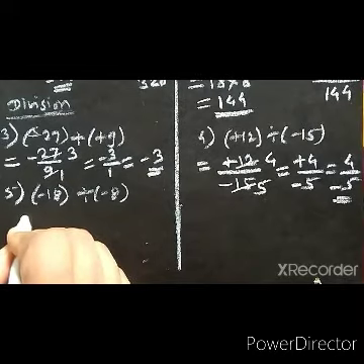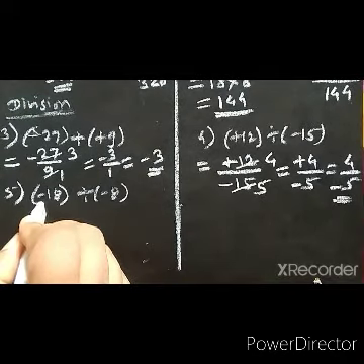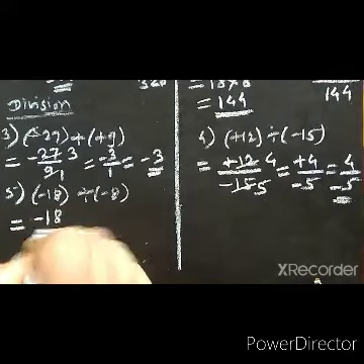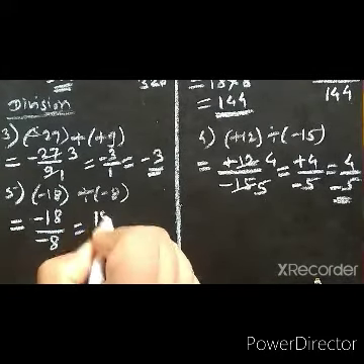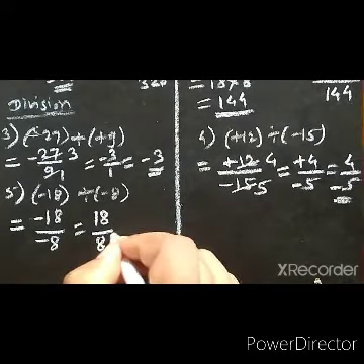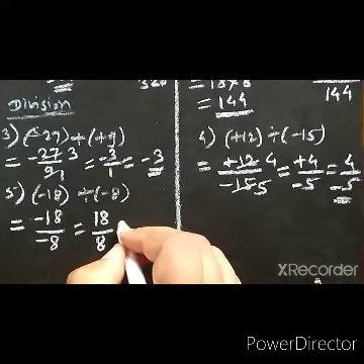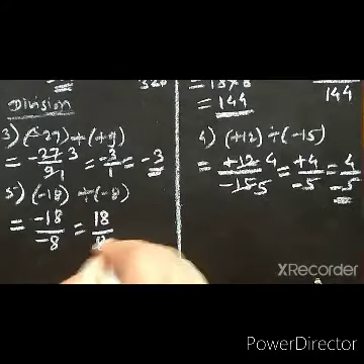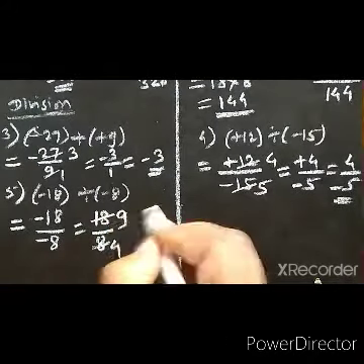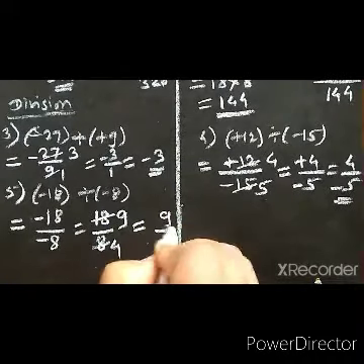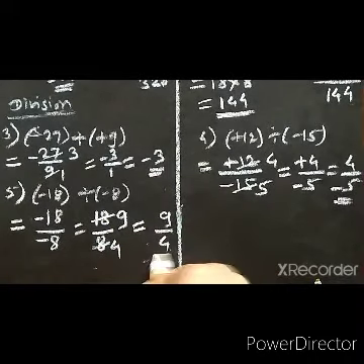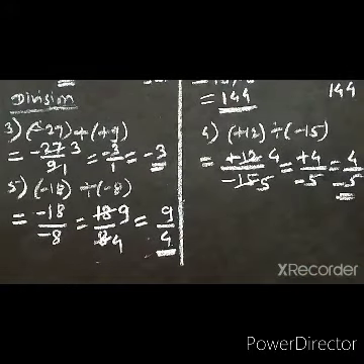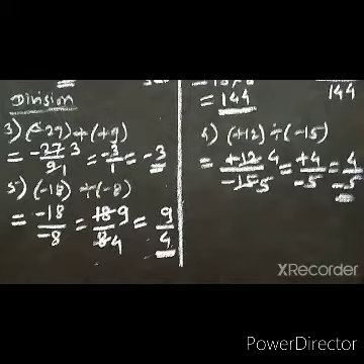Division of the same sign gives plus, that is minus 18 upon minus 8, that is 18 upon 8. We can divide by 2. 2 4s are 8, 2 9s are 18. That is, we got here 9 upon 4, plus 9 upon 4. So let us see the next lesson in the next video. Bye. Take care.